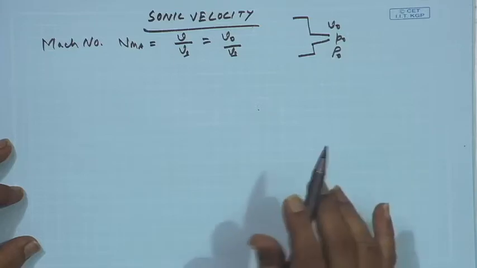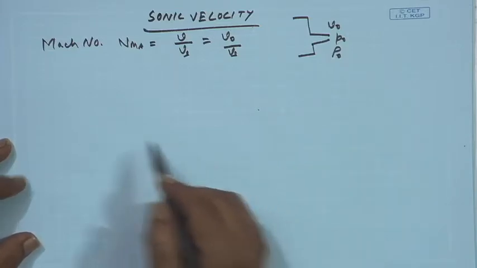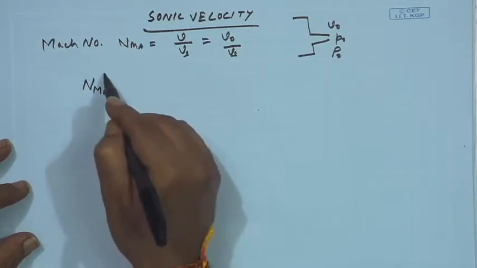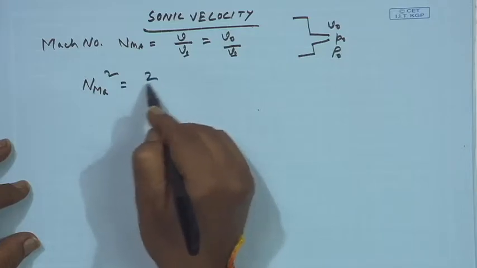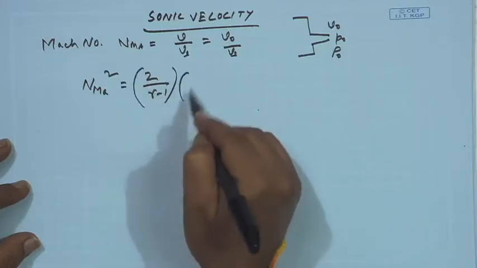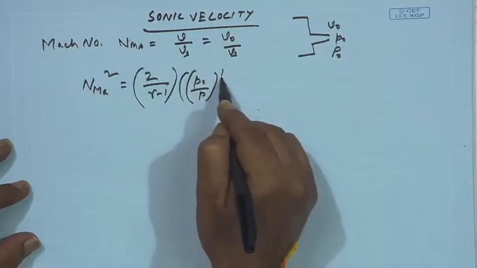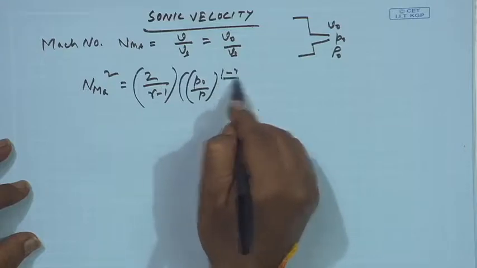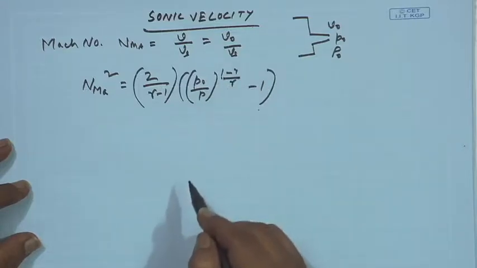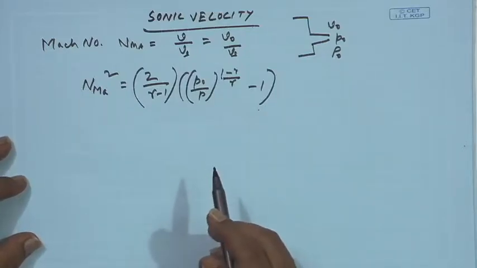From there, what I remember is that we had come to the level NMA square is equal to 2 by gamma minus 1 into P0 by P to the power 1 minus gamma by gamma minus 1. This we had done in the previous class.